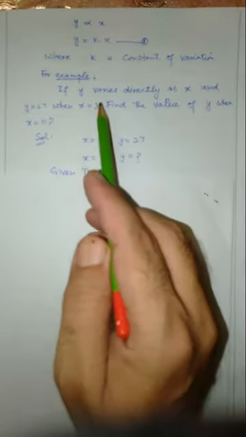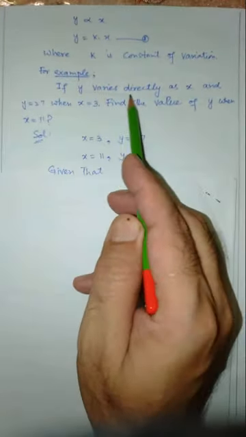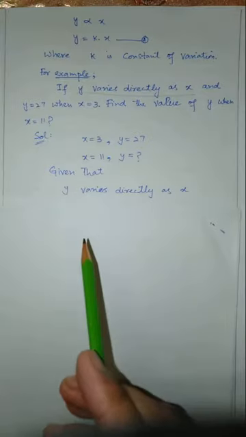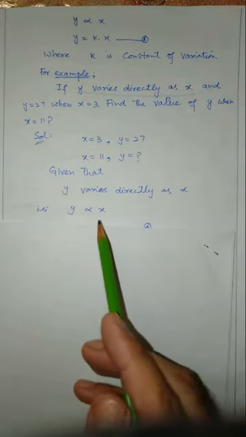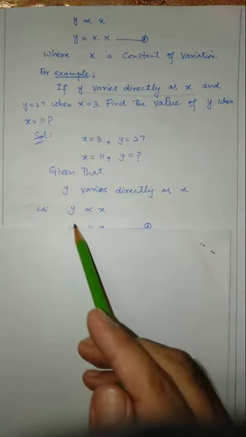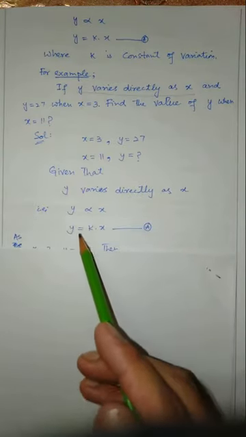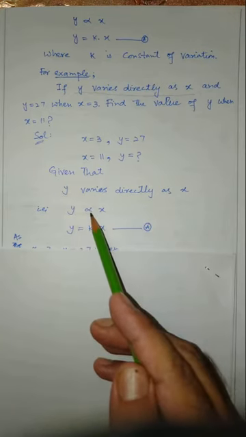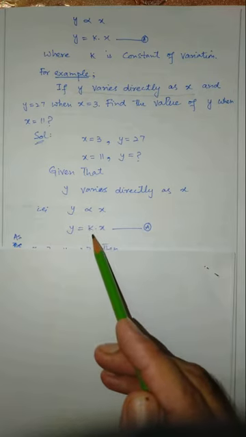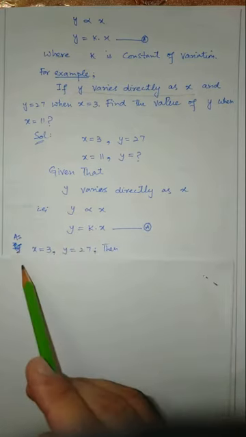Given that y varies directly as x, that is y proportional to x. Now y is equal to kx. To convert this proportionality to equality, we put k.